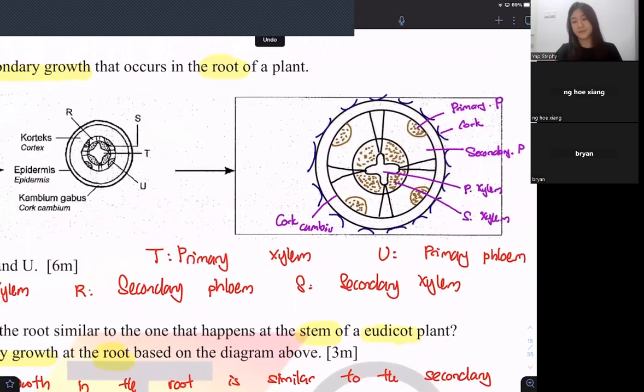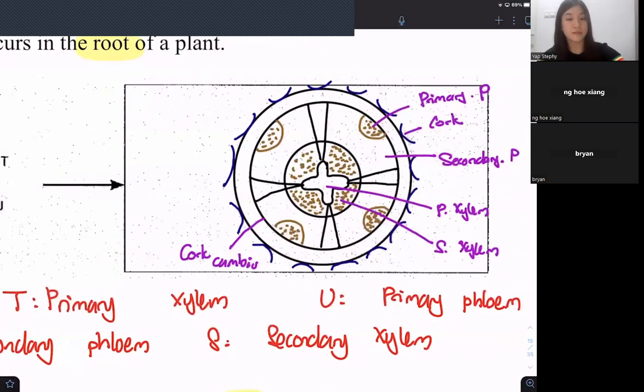Yeah, like this. Done already, let me know. Okay, can. If you're done already, help me open to page 18.